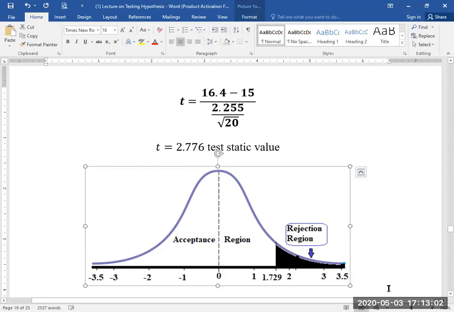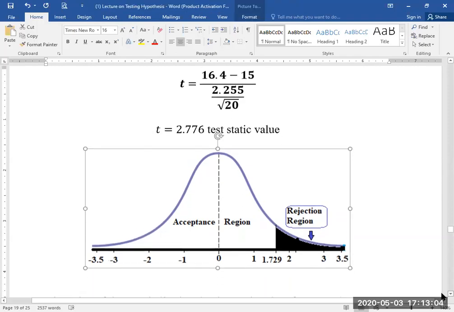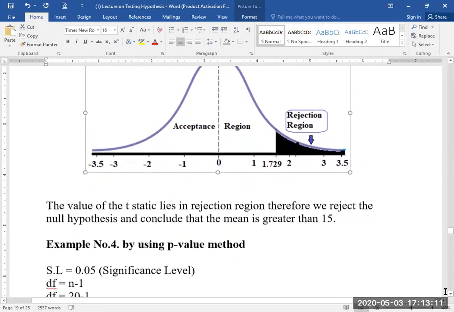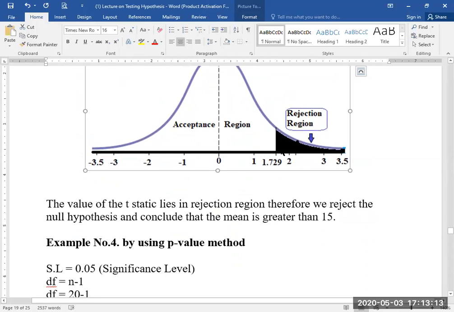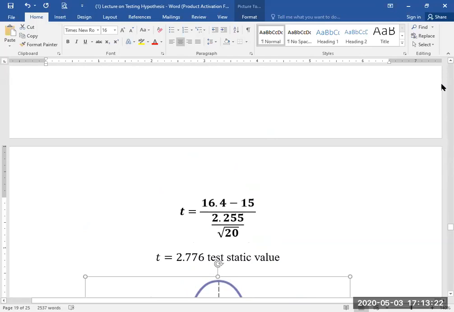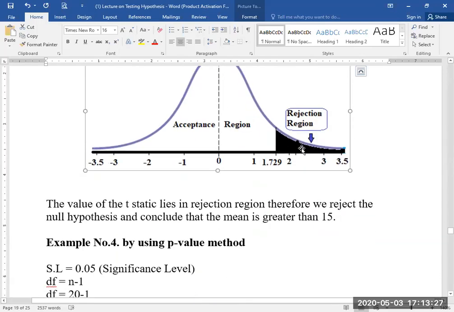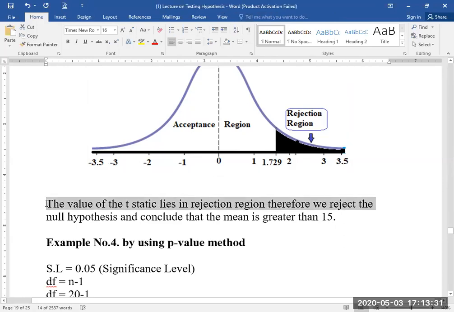From the figure, it is confirmed that this is the right-sided test, and the rejection region starts from 1.729. Okay, students, what was the test statistic value? Our test statistic value was 2.776, and 2.776 lies in the rejection region. Therefore, we reject the null hypothesis and conclude that the mean is greater than 15.